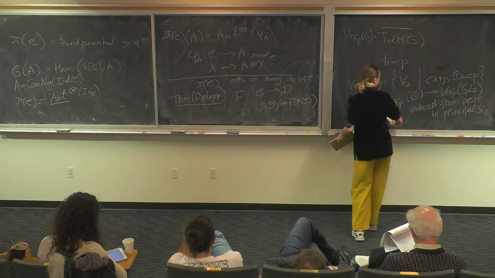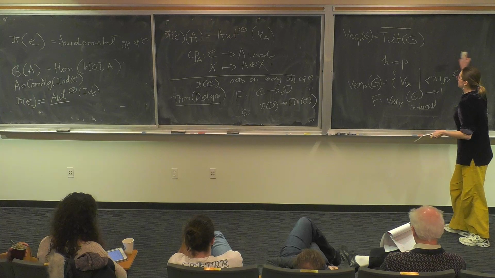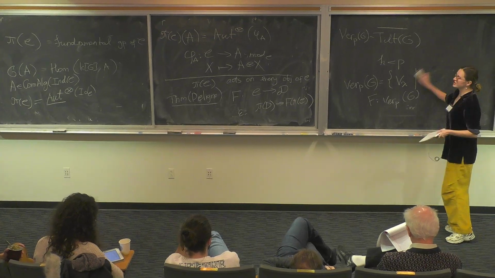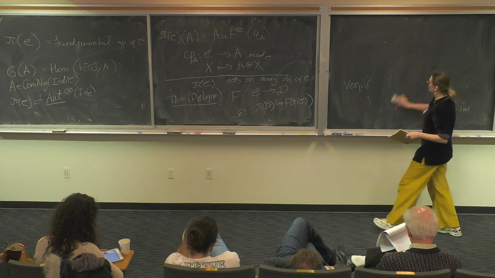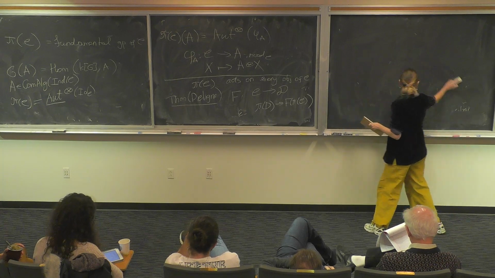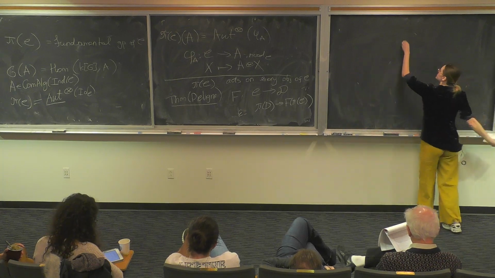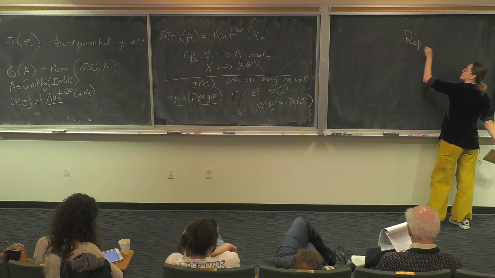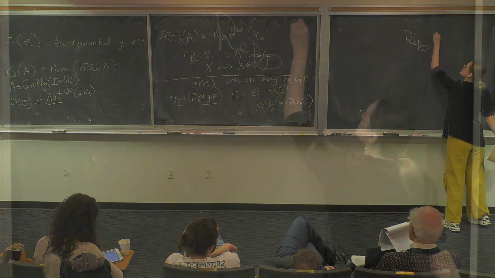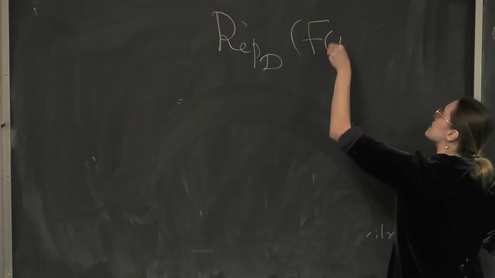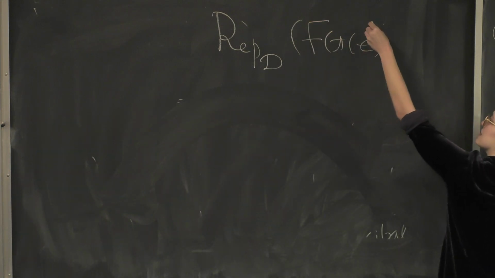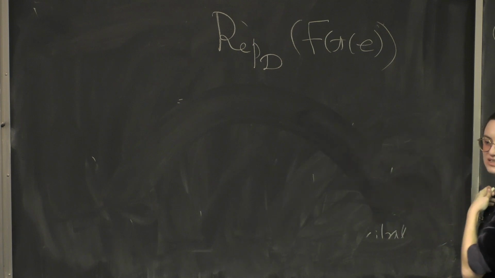And then one can consider representations of this f of pi of C inside D. Right, so we can consider some representations of this group scheme. Now f of pi of C is a group scheme in D, and this f of pi of C is the same thing as the tensor automorphisms of f.